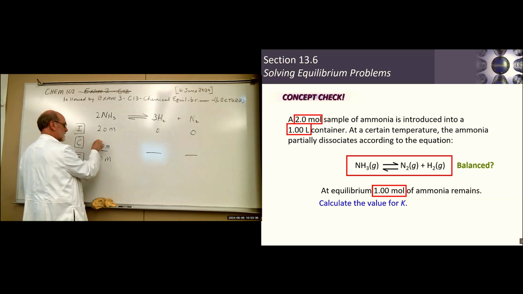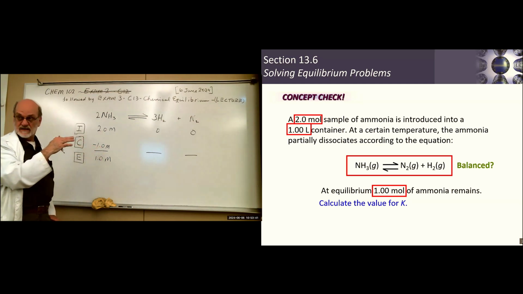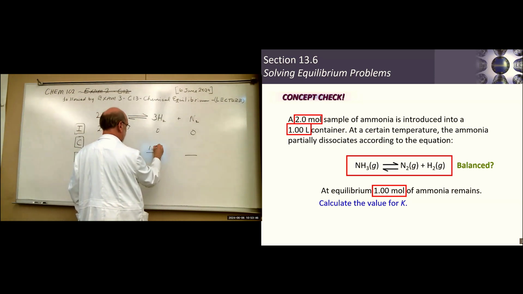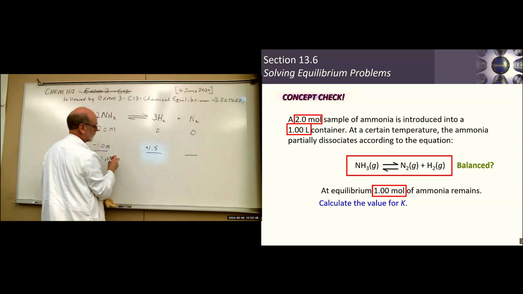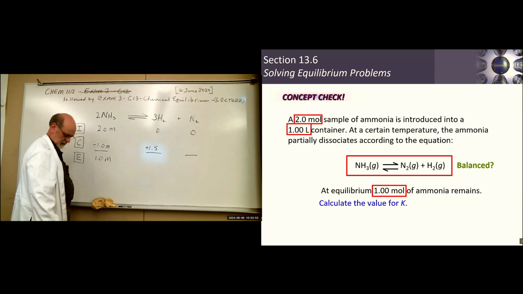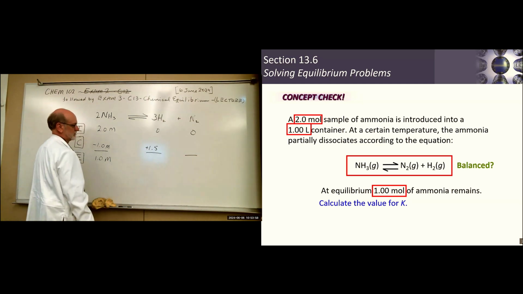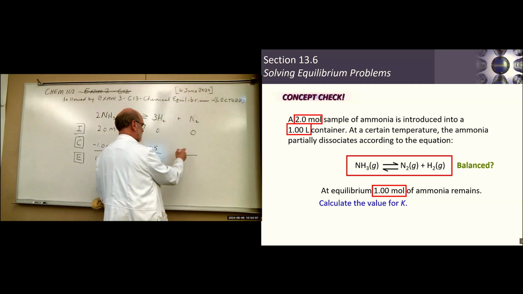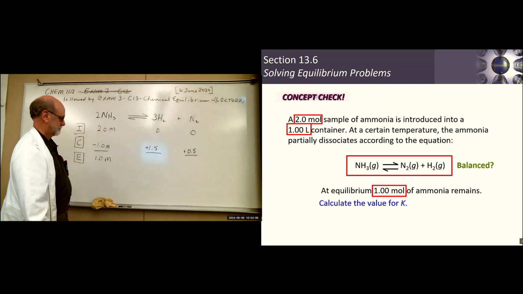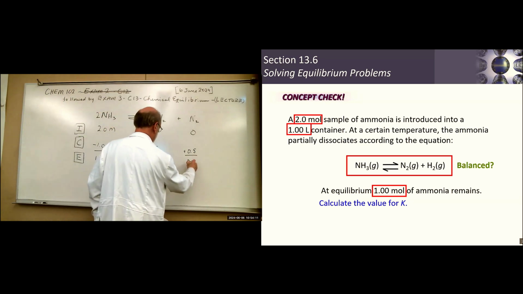So if this is 2, then the single factor would be 0.5. Right? And 0.5, 3 times 0.5 is 1.5. Or you can use your dimensional analysis. Say, if this is 2, then that's 3. And if this is 2, this is 1. Right? Okay, so now we have 1.5 and we have 0.5.